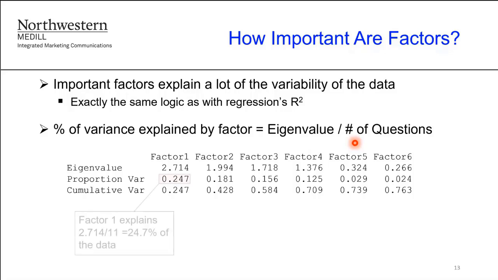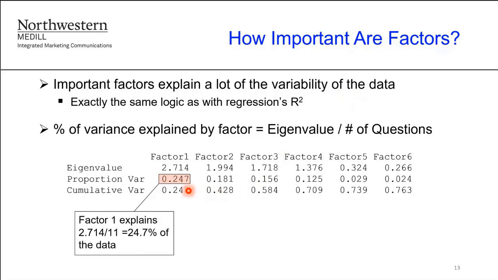For example, for the first factor, the proportion of variance is computed like this: 2.7 over 11, where 11 is again the number of questions. So we can say that factor 1 explains 24.7% of the data. This is the idea that important factors explain a lot of the variability of the data.